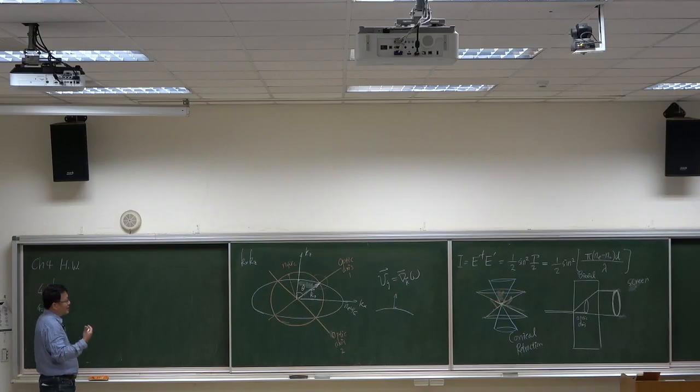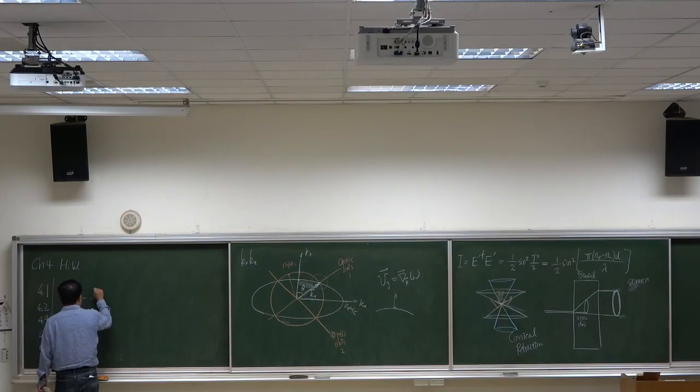I just mention the result. The circle is described by k squared over ny squared minus omega squared over c squared, equal to 0.